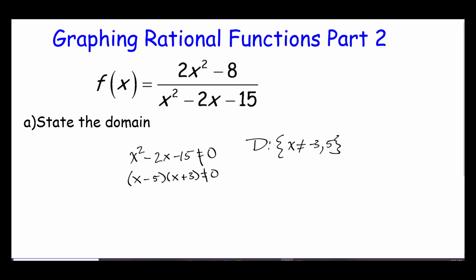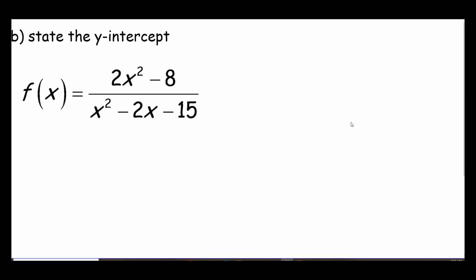All right, so moving on, we're going to now find the y-intercept. Now, if you remember from a previous video, y-intercepts occur where x is 0, because that means you're on the y-axis. So to do that, we just set all x values to 0. So we say 2 times 0 squared minus 8 over 0 squared minus 2 times 0 minus 15, and we get 8/15.